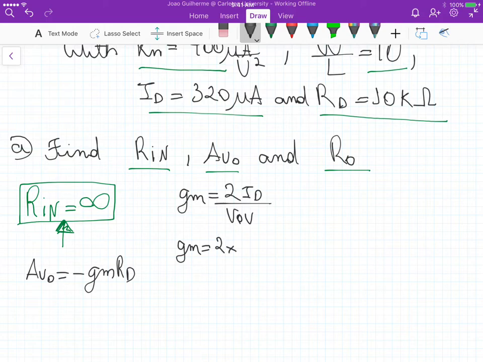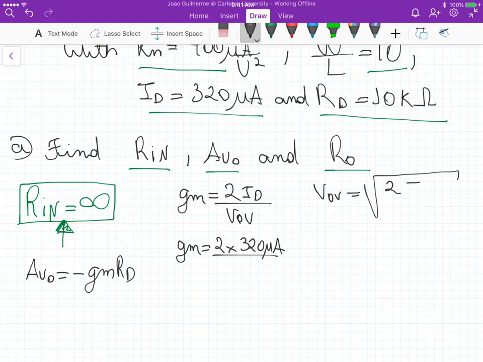divided by VOV. ID, in our case, is 320 microamperes. But what's VOV? VOV is equal to the square root of 2 times ID divided by the process transconductance times the aspect ratio.